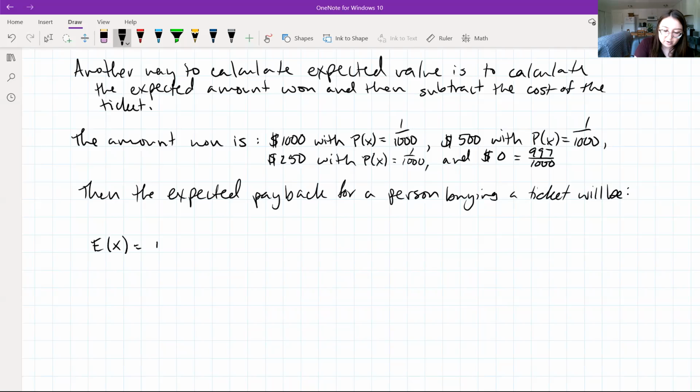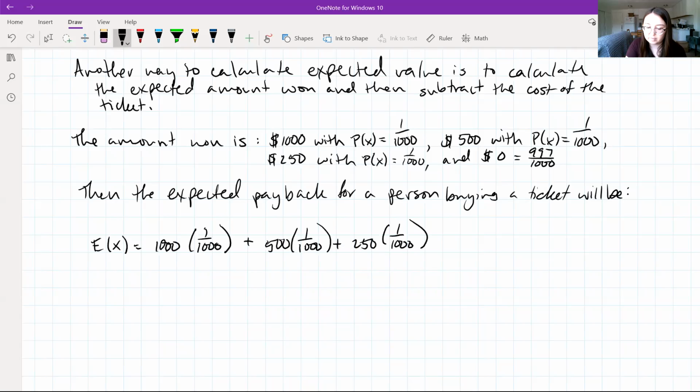So we're going to have 1,000 times 1 over 1,000 plus x sub 2 times p sub 2, so 500. So not 5,000, 500 times 1 over 1,000. Then we have x sub 3 and p sub 3, so 250 times 1 over 1,000. And then we have our chances of winning $0, which is 997 divided by 1,000.